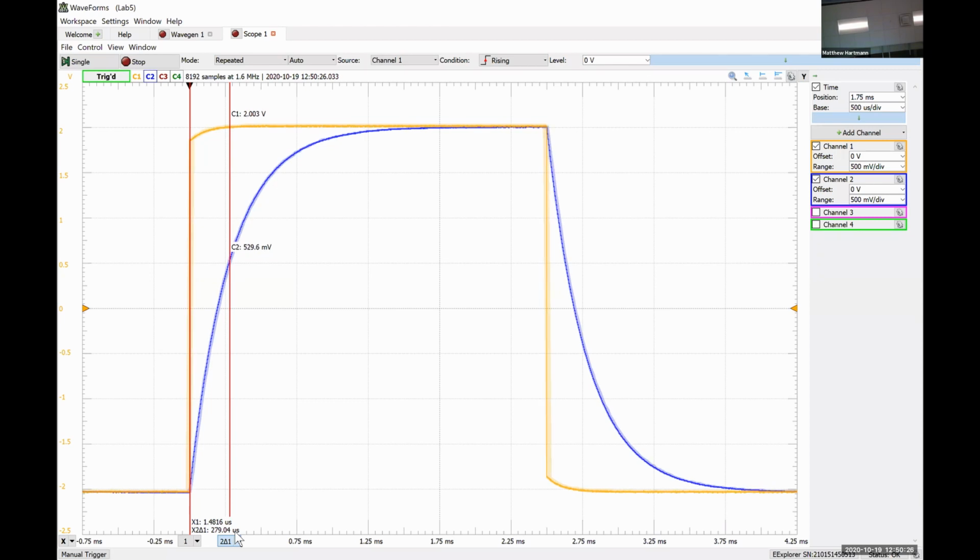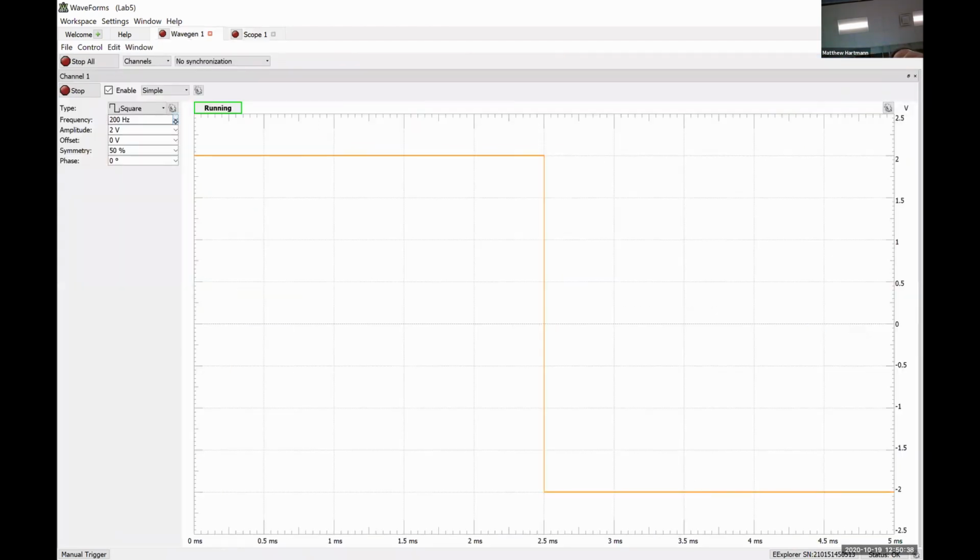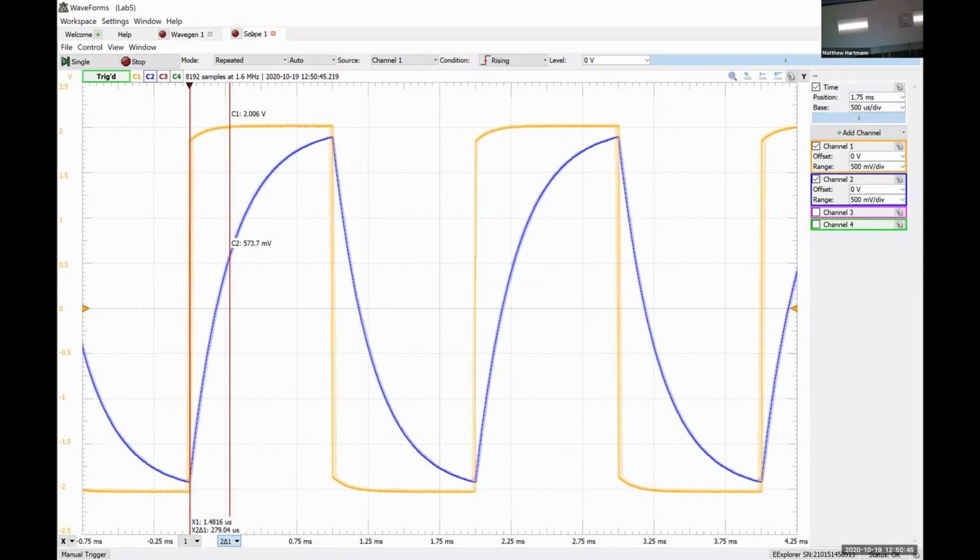All right, so the very last thing on the lab assignment says to change the frequency to 500 hertz. So let's do that real quick. Go to my wave generator. Now things look a bit different, right?